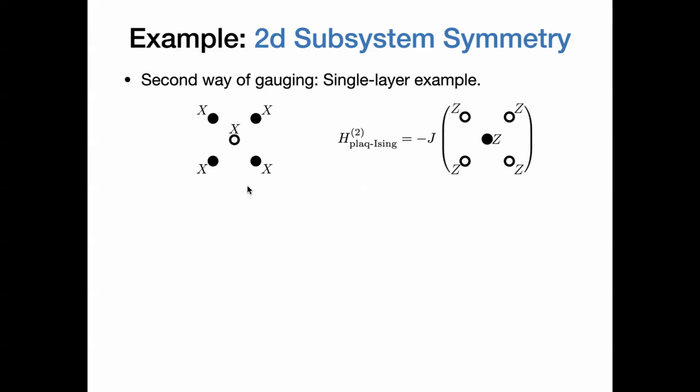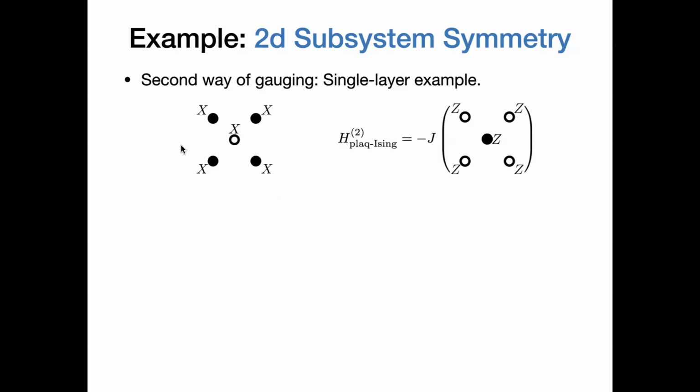We can regard this as a gauging of the subsystem symmetry because if you take the product of these local symmetry generators along any column or any row, you can recover a generator of the original global symmetry. So in the end of this gauging, the original subsystem symmetry will be enforced.